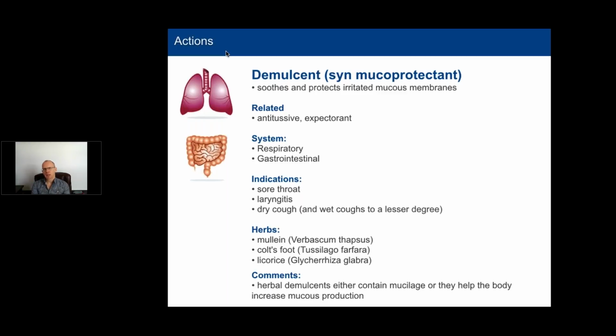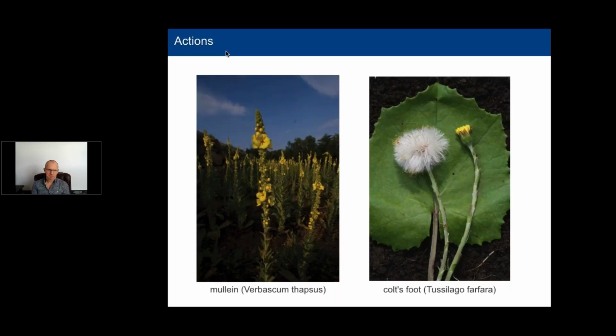Now, certain herbs like mullein and coltsfoot do have fiber in them. If you gather the plants, here's mullein on the left and here's coltsfoot on the right. Both of these herbs do have fiber in them. So if you were to mix it in water, it would form a little bit of a viscous, slimy consistency.